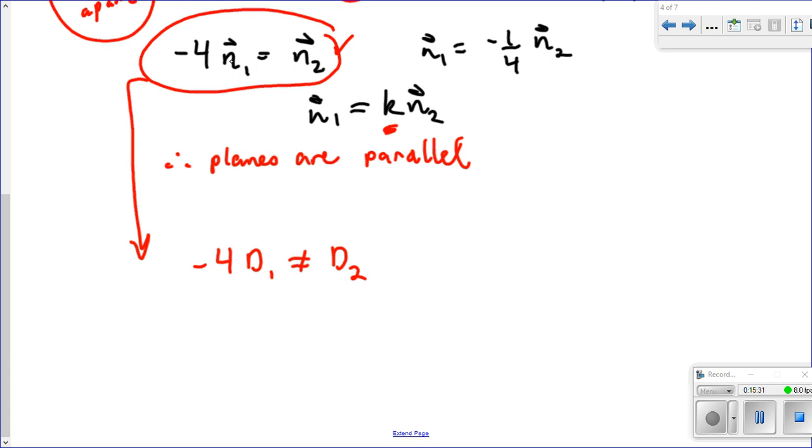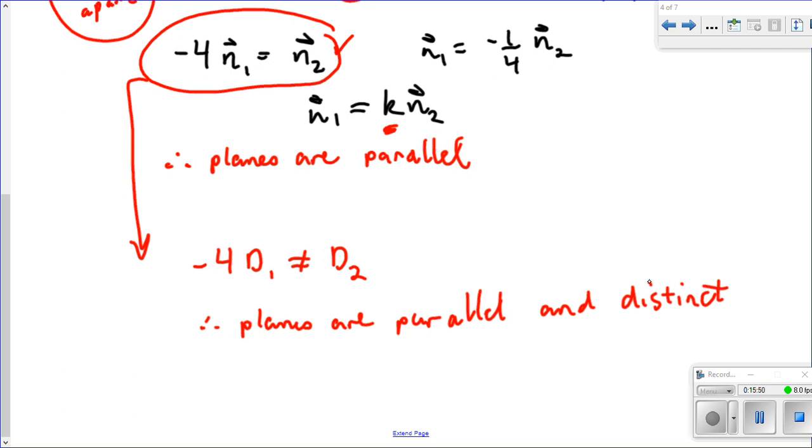So when the planes have proportional normals, but that same proportion doesn't apply to the constant value of D, then I say the planes are parallel and distinct. That's it. We've narrowed it down to that case.